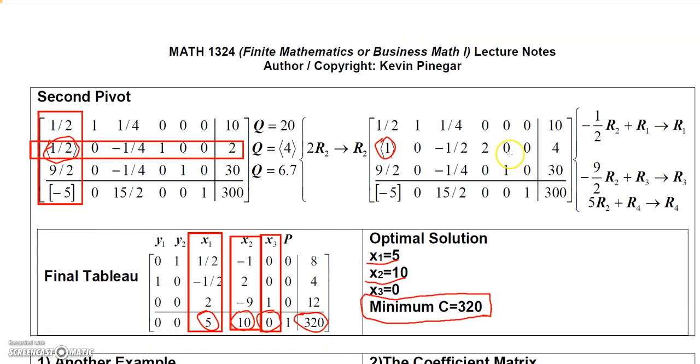All right. So anyway, that's the solution to the problem that we started with. 5 for x1, 10 for x2, 0 for x3, and the original problem has a minimum value of 320.